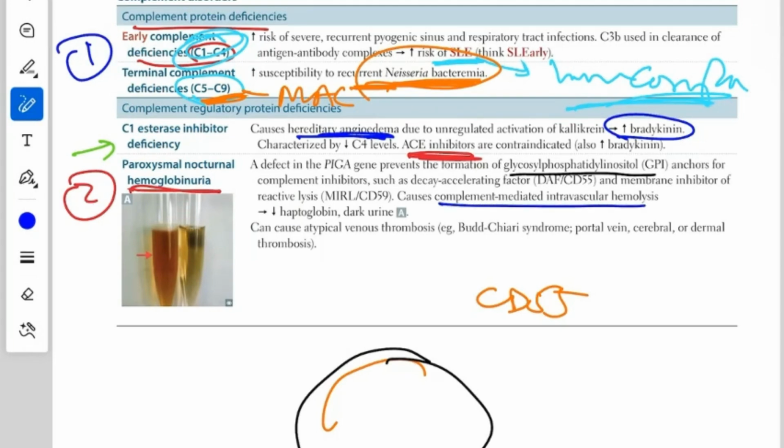Of course, when you have intravascular hemolysis, you have hemoglobinuria and decreased haptoglobin, which will lead to dark urine and all of that. Another complication of it is Budd-Chiari syndrome, which is portal vein thrombosis. Besides the hemolysis, you have thrombosis in the portal, cerebral, and dermal veins. All right, in the dermal, in the skin. So those are some of the complications of PNH.